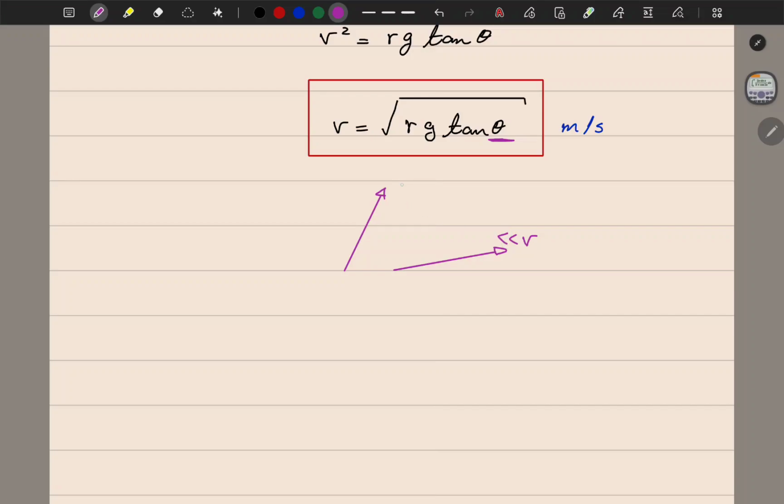While you're moving at a relatively lower velocity, you do not need a big angle for banking, while they need a really big angle for banking because they're moving at high speeds.